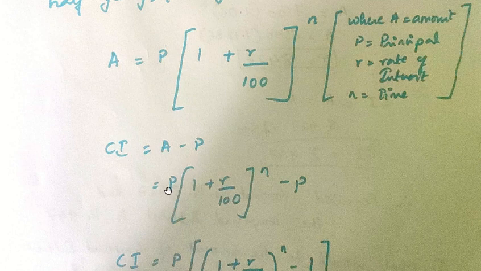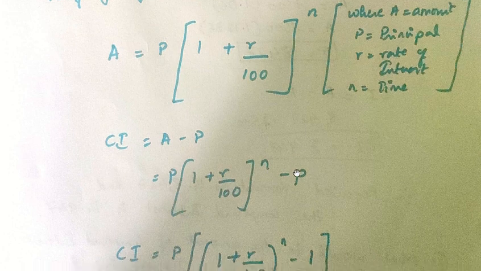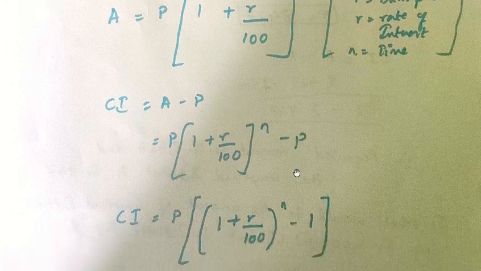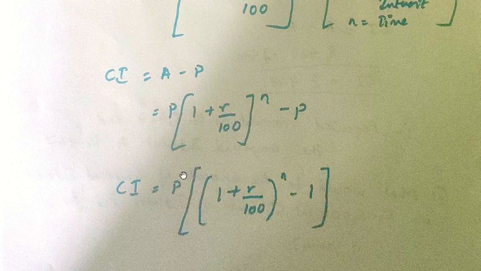The amount formula is principal into 1 plus r divided by 100 to the power of n, minus principal. So the compound interest is equal to, when you take principal as a common factor outside, principal into 1 plus r divided by 100 to the power of n, minus 1.